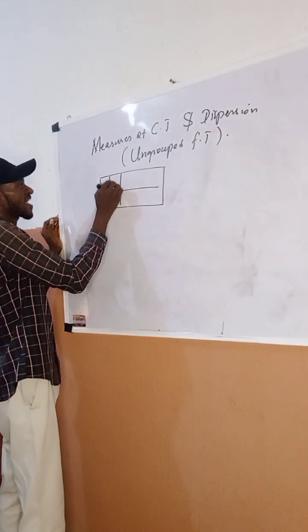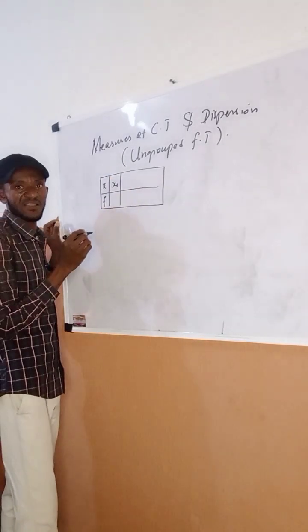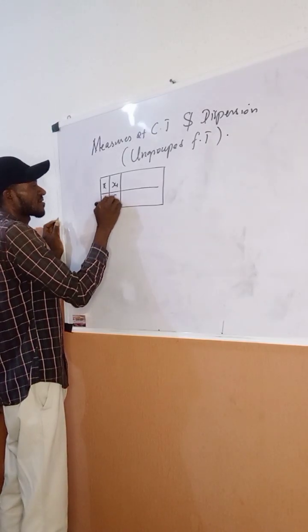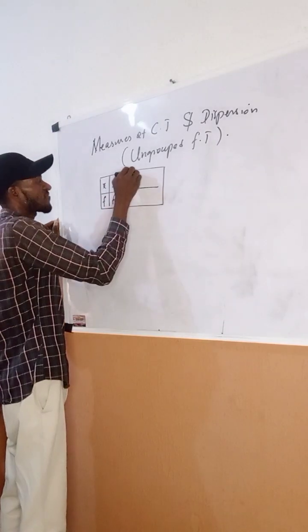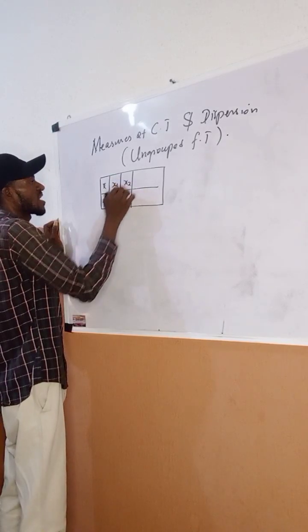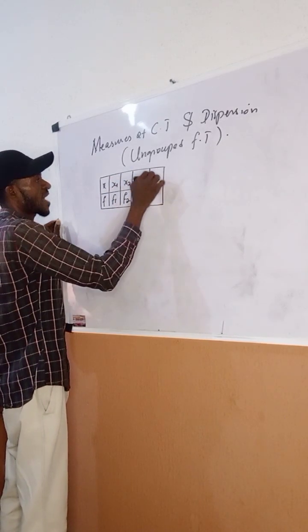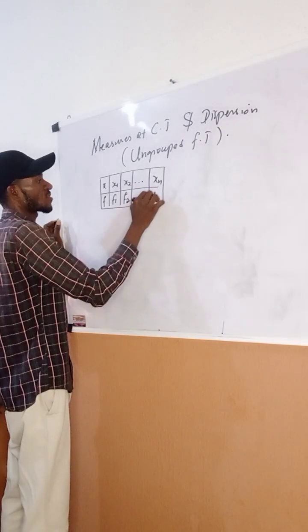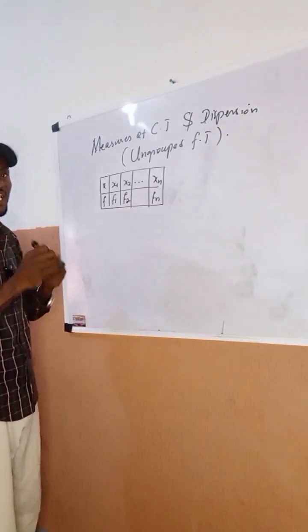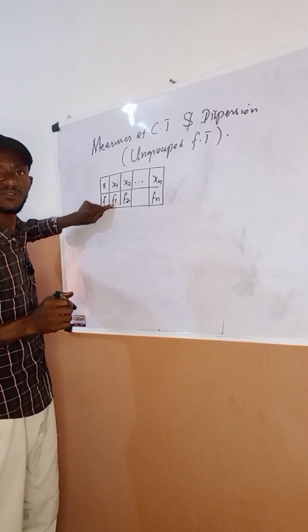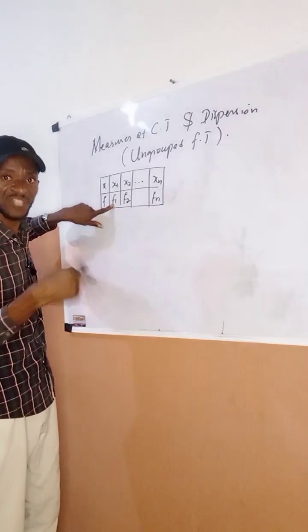Let me say I have x1 here, and that x1 occurs f1 times. Then I have x2, and my x2 occurred f2 times, up to xn, and it occurred fn times.